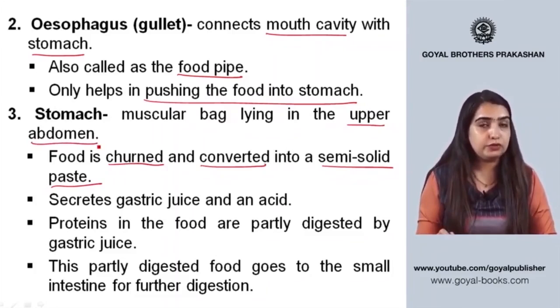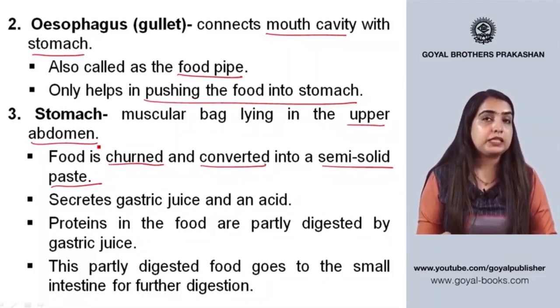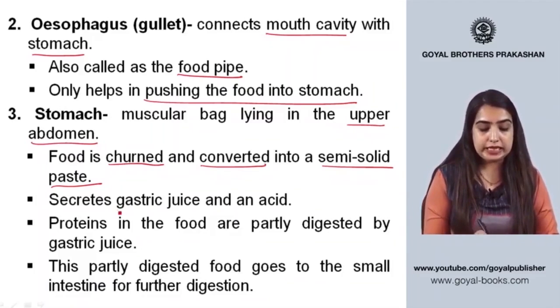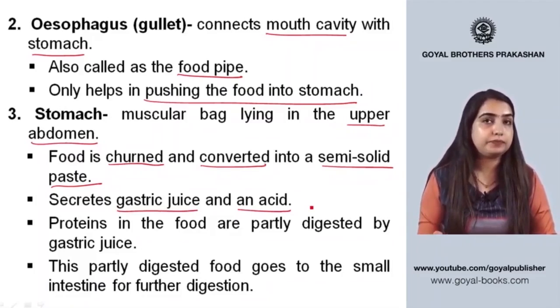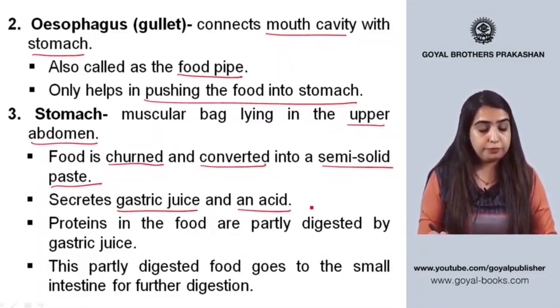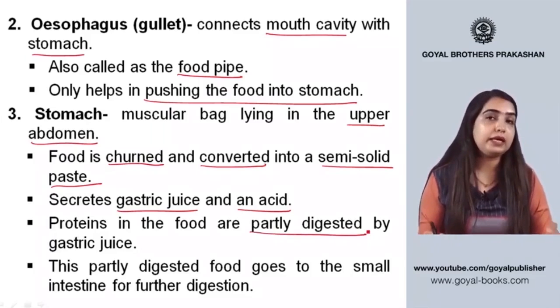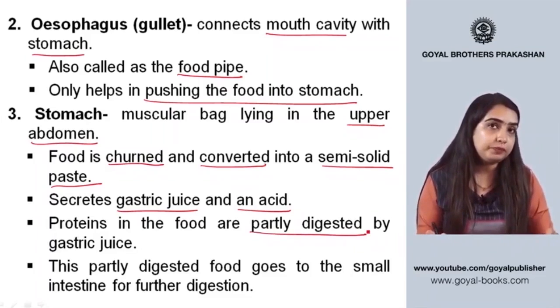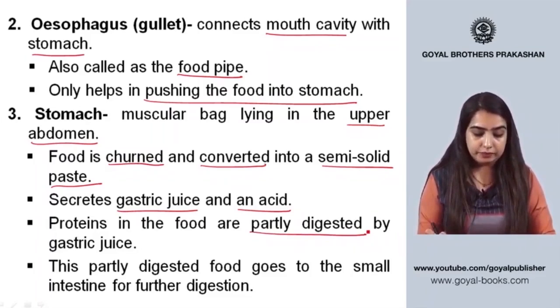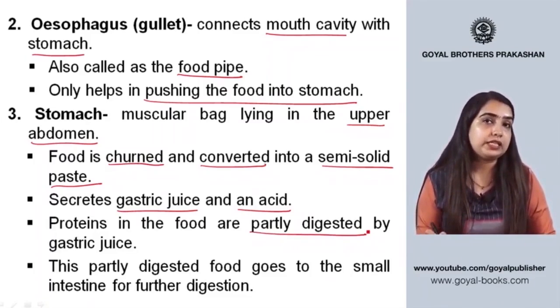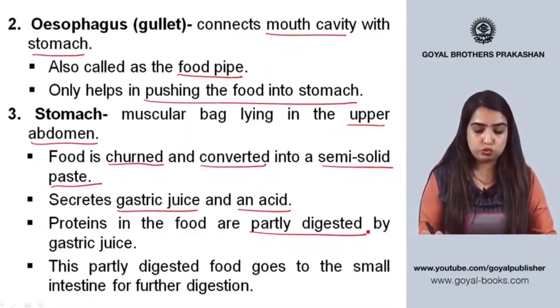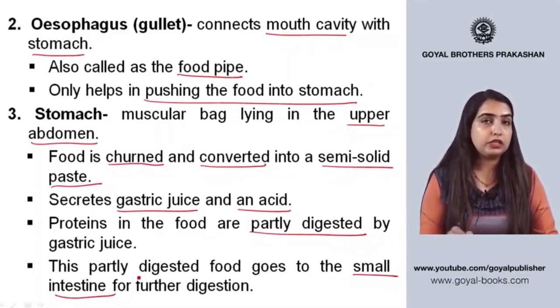The stomach also secretes gastric juice and an acid. The proteins in the food are partly digested by the secreted gastric juice, and it is here that this partly digested food now goes to the small intestine for further digestion.